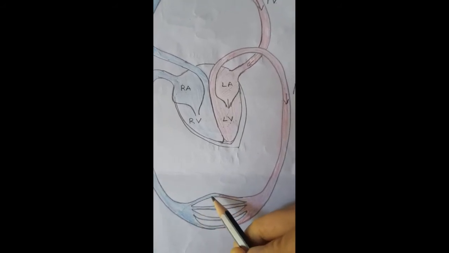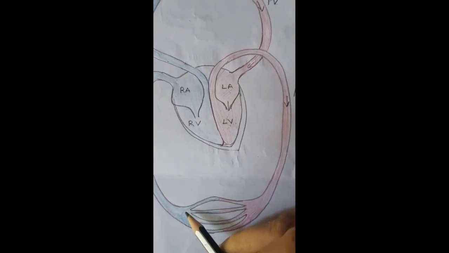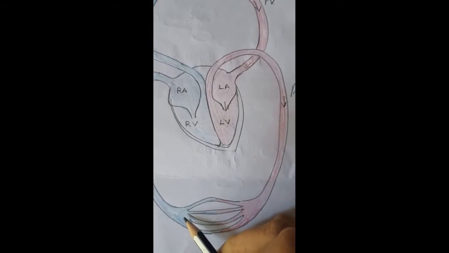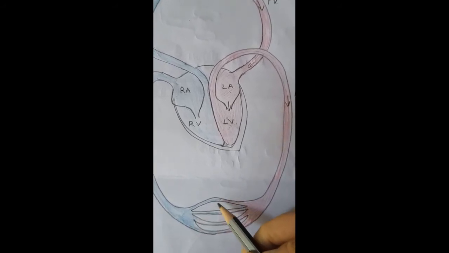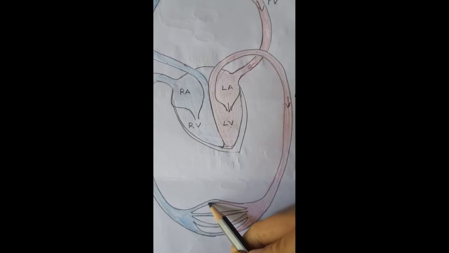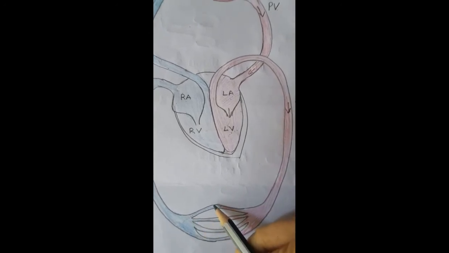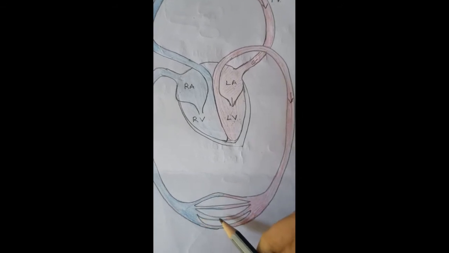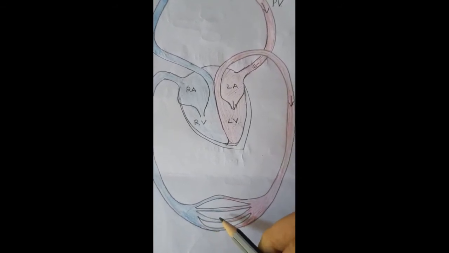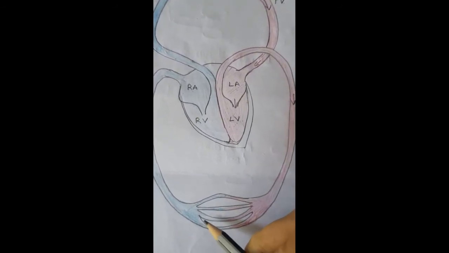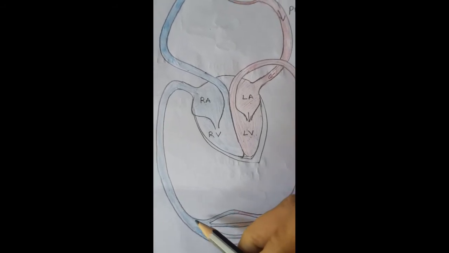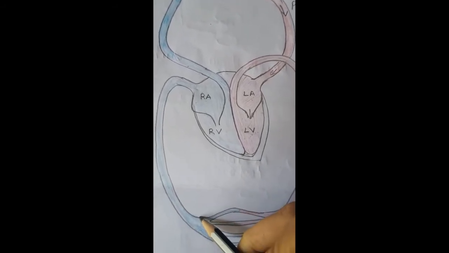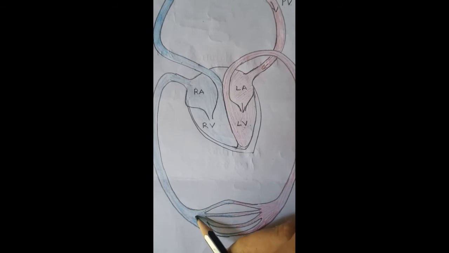Blue color indicates carbon dioxide rich blood. So after respiration carbon dioxide is released from the cell, that is taken by the capillaries. So many capillaries. Here I have represented 4 capillaries, and capillaries join to form a vein.